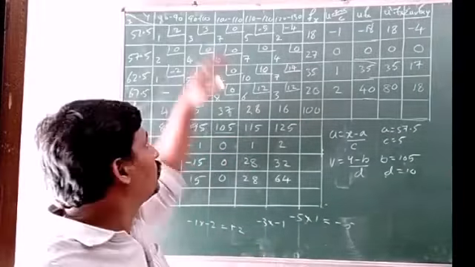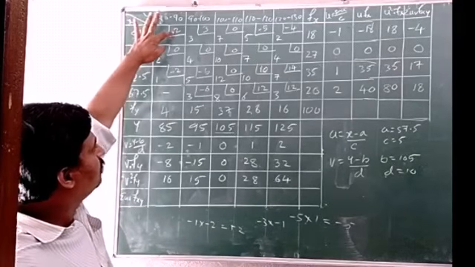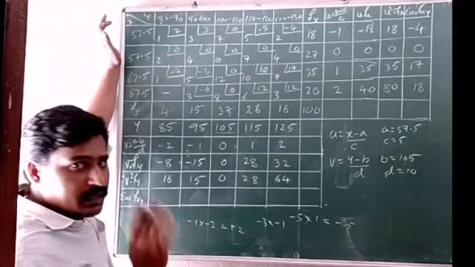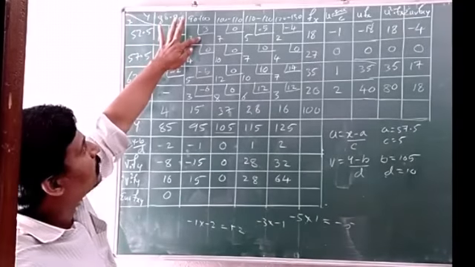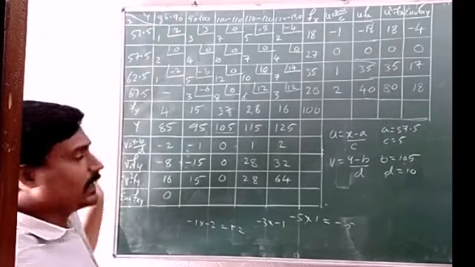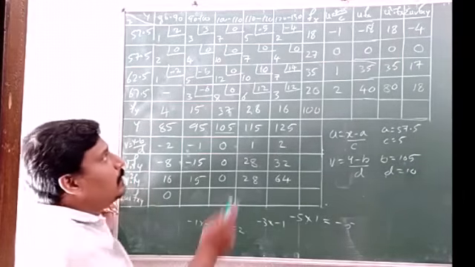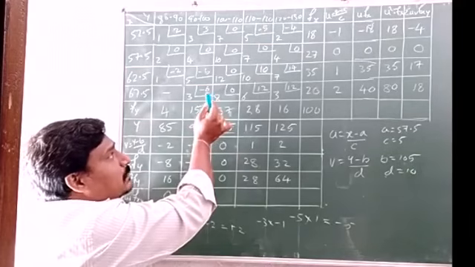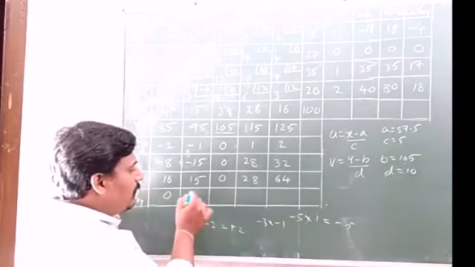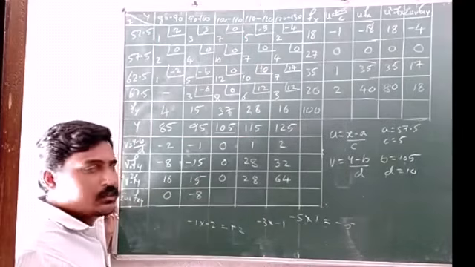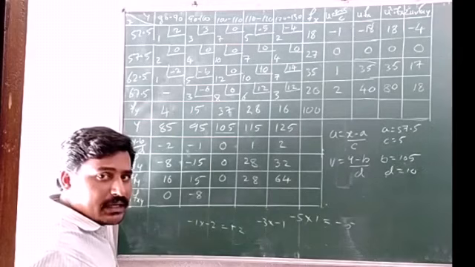Now make the total of columns. Plus 2 minus 2 becomes 0. Next 3 plus 3 minus 5. Plus 3 minus 5 we get minus 2. Minus 2 plus minus 6. Same sign, add them, we get minus 8. Or else minus 6 plus minus 5, minus 11.